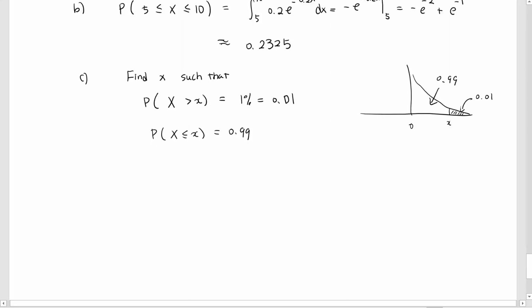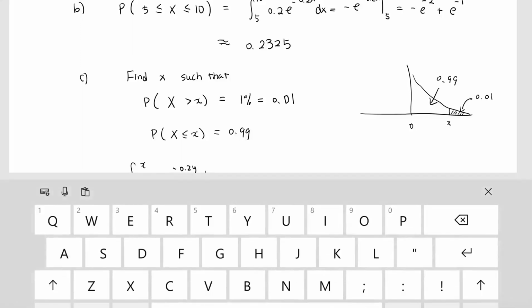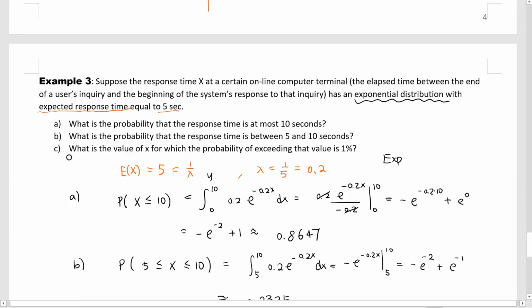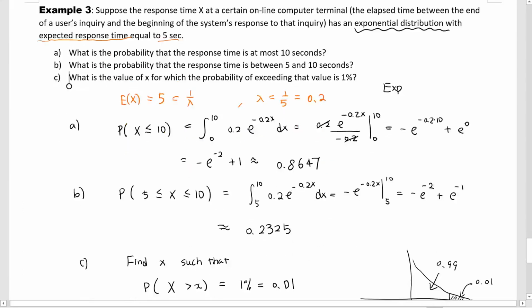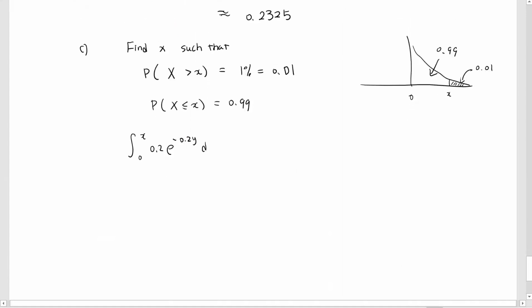So that's the same as saying the integral from 0 to x of our function. Our lambda in this case is 0.2, so we have 0.2 e to the minus 0.2 y. Let's use y to denote our independent variable, because x is the value we want to figure out.